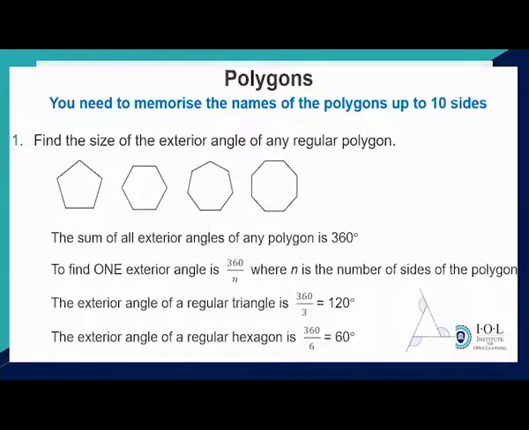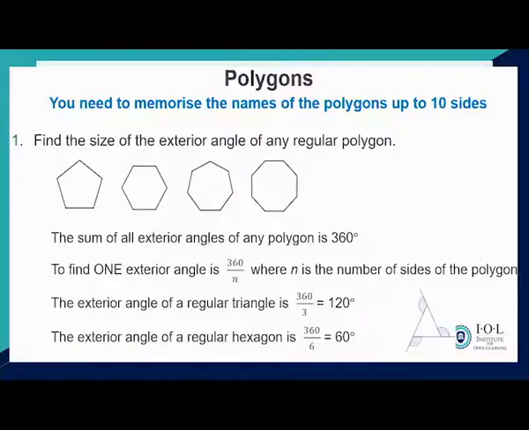You have to remember one exterior angle is 360 divided by the number of sides. All the exterior angles of any polygon add up to 360. Now, 360 divided by the number of sides gives you one angle.